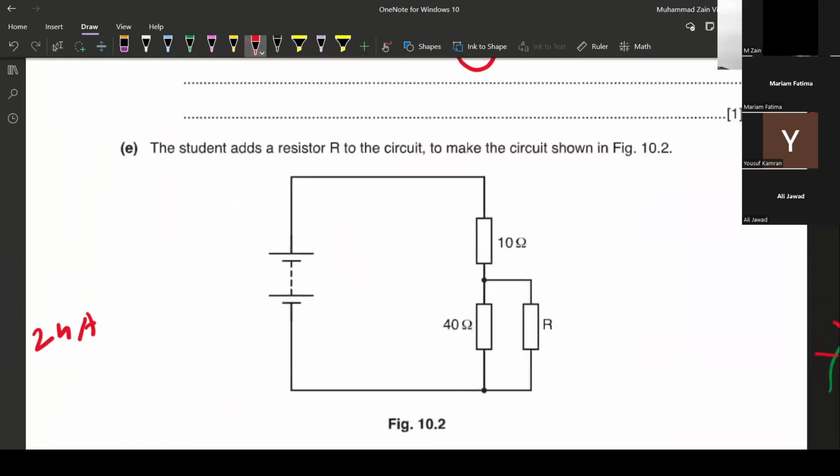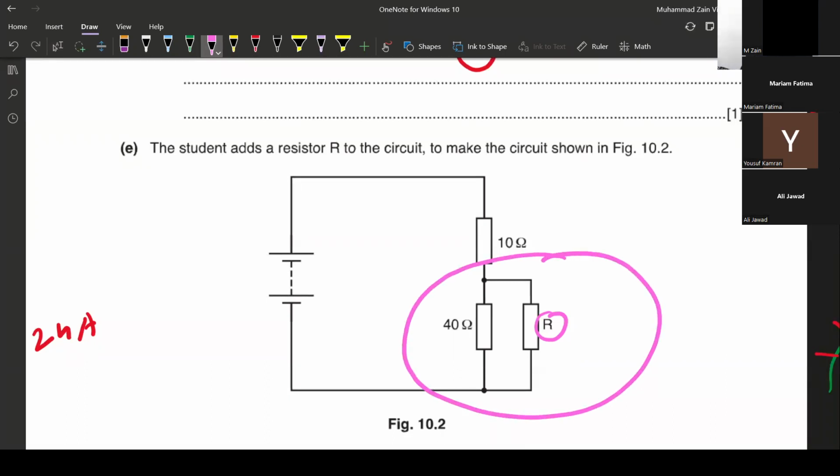If I had this 40 ohm resistor and I suddenly combined a resistance R with it, and now I ask someone to tell me the resistance of this combination, the 40 ohm resistor and the R resistor, obviously I can tell for sure that the total resistance of this region would be less than 40 ohms, right?